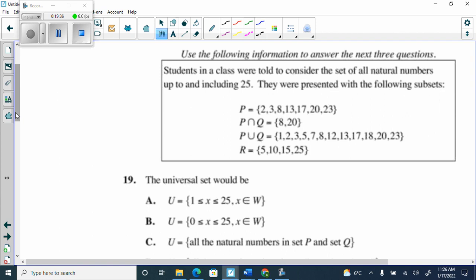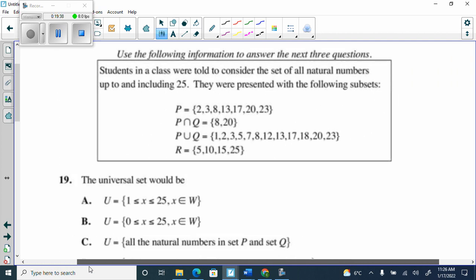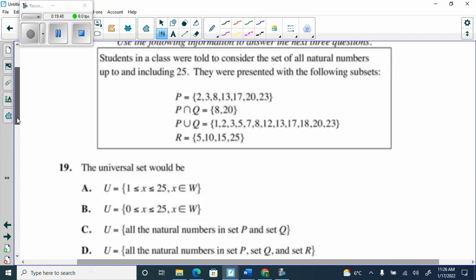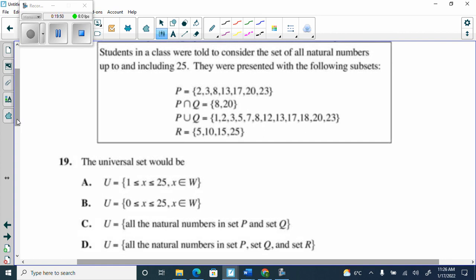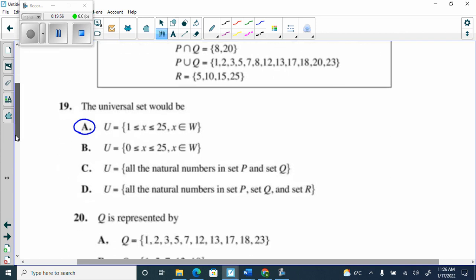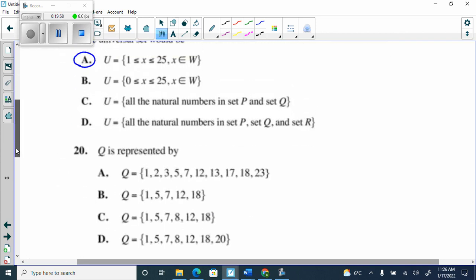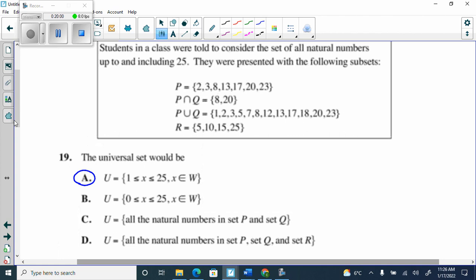Okay, this one has students in a class who were told to consider the set of the natural numbers up to and including 25. And they were presented with these certain subsets. Up to and including 25 and natural numbers, the universal set would be this. Q is represented by, what is Q?